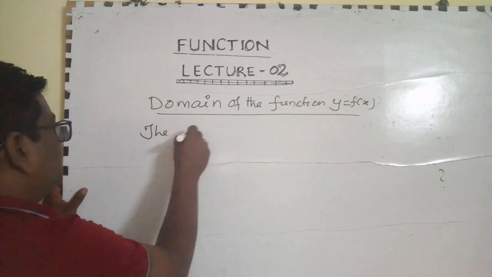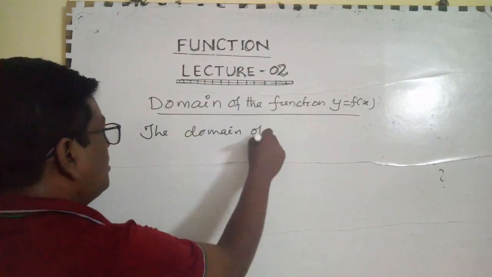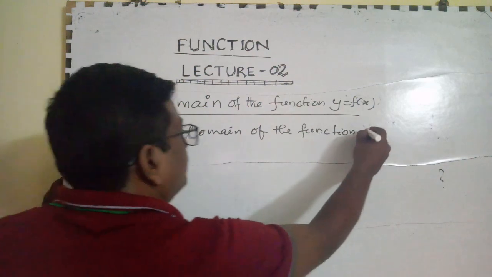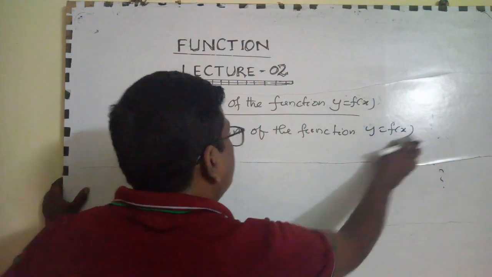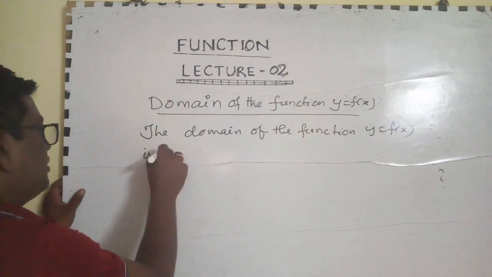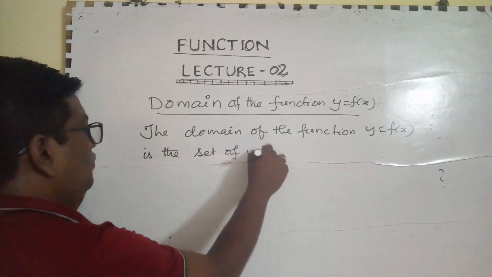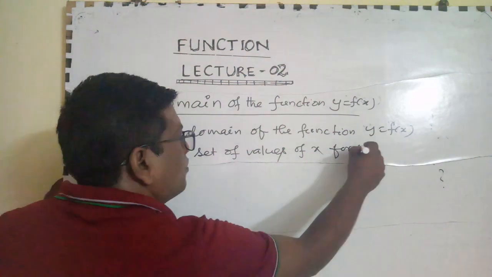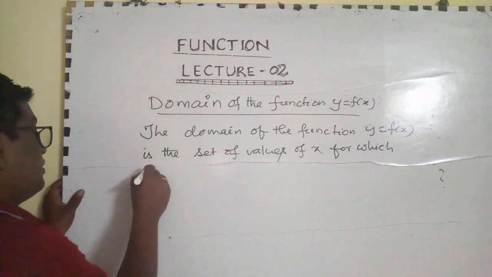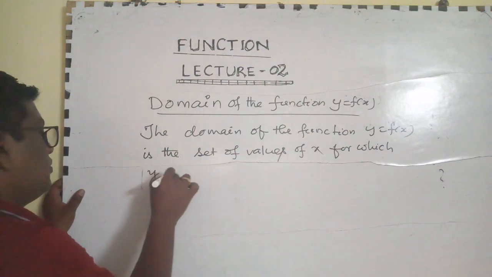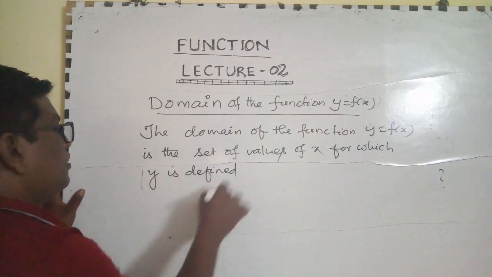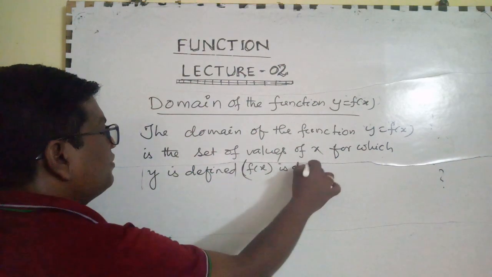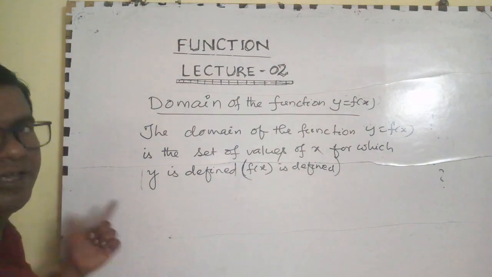The domain of the function y equal to f of x is the set of values of x for which y is defined, or f of x is defined. Defined means some real values.